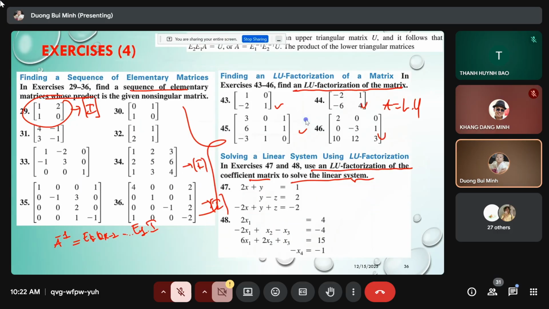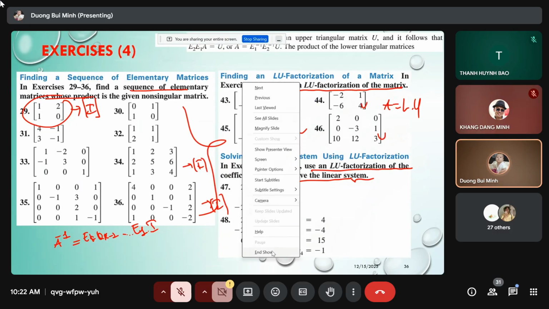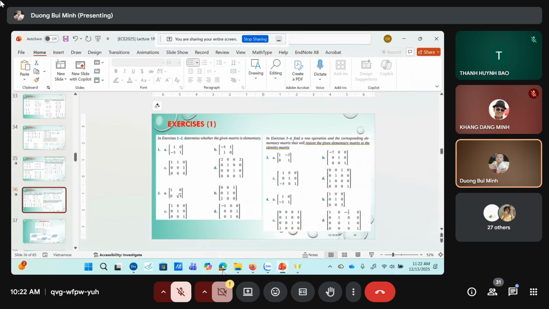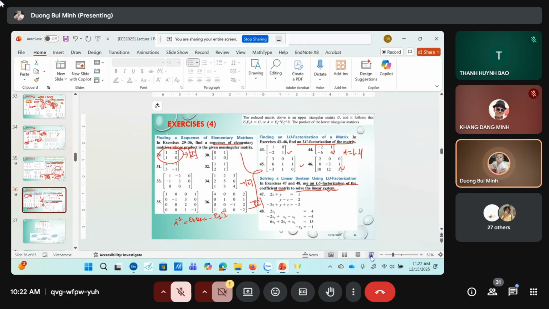Any questions for the exercise? Any questions so far?